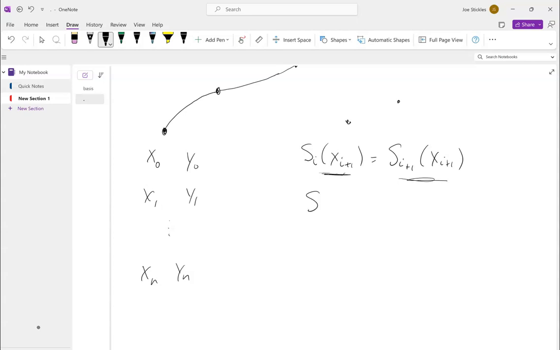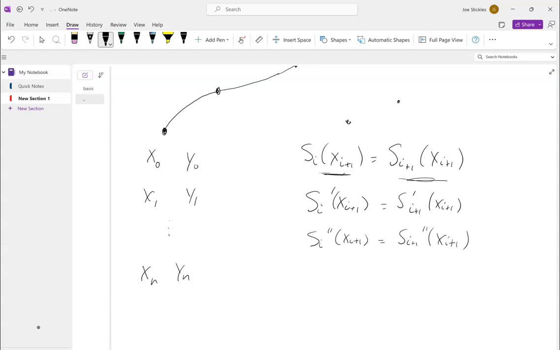And then we did the same thing for the first derivatives and the second derivatives. So those are the defining characteristics, the conditions that had to be met.